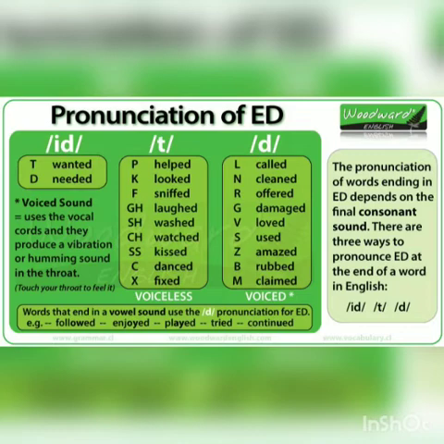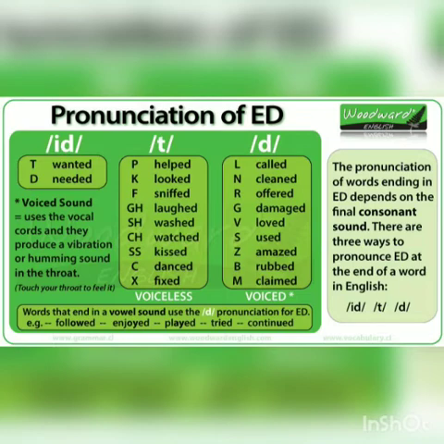In the verb dance, the letter c has an s sound, and it's voiceless of course, so I say danced. The x has an s sound here, so fix becomes fixed. So this is the t sound in the ed.